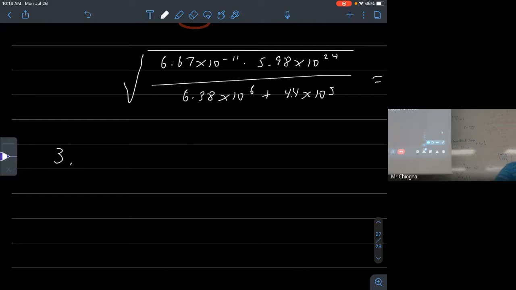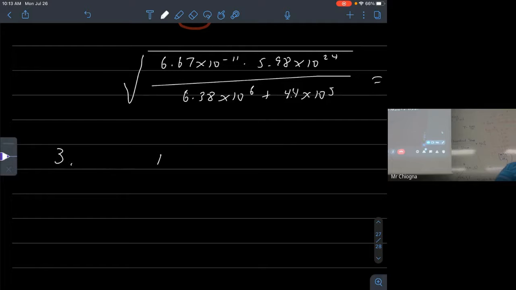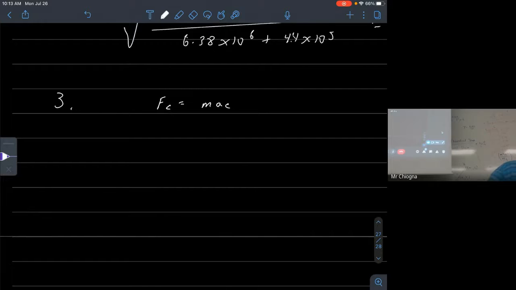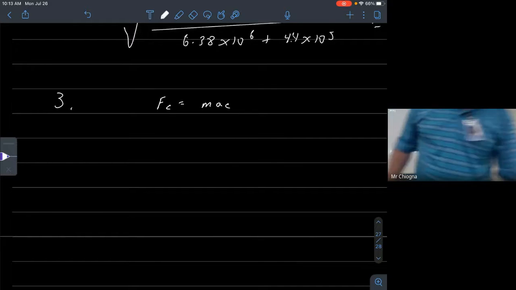You need to know how to derive this. I can't give you the formula that relates the speed of a satellite going around a planet; you need to know how to derive it. You start off with centripetal force equal to mass times acceleration.